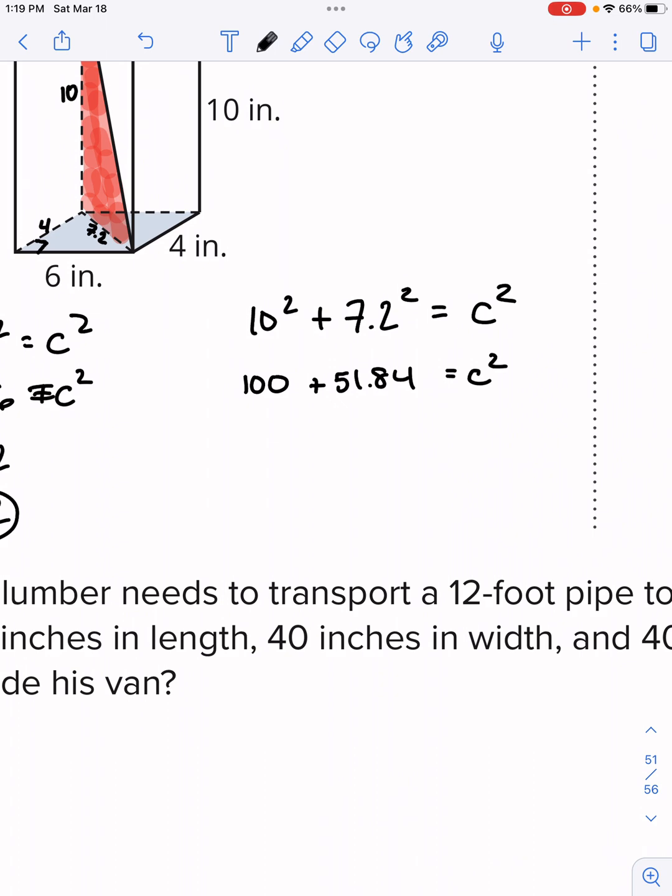If you add 100 plus 51.84, you're going to get 151.84.